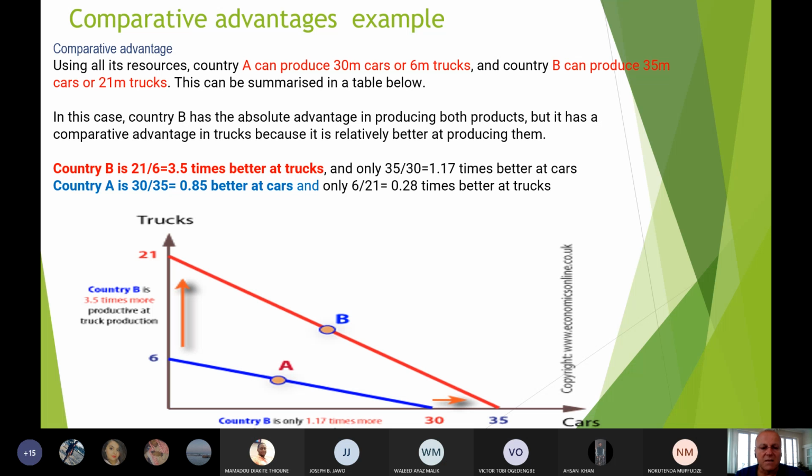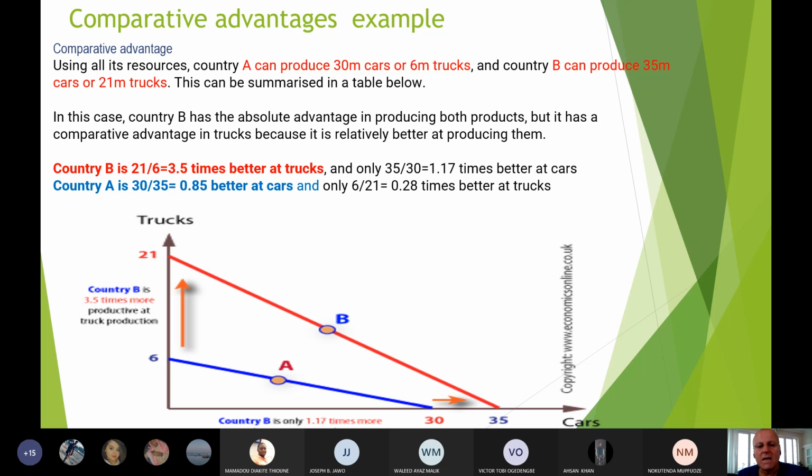Therefore, the country B's comparative advantages, you are making this comparison between the countries' production, you are understanding. Therefore, country B's performance is better off when we are taking the trucks production, because it is 3.5 times better than the other country's performance, because you are dividing the production between countries.